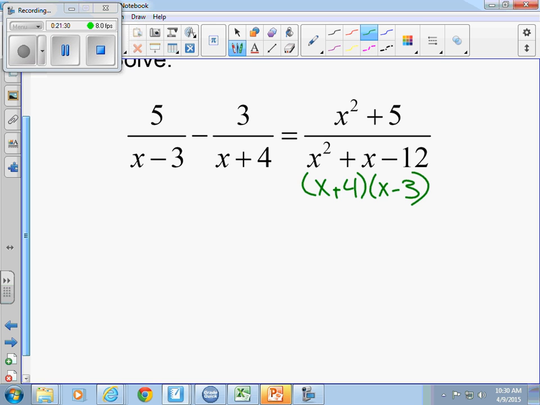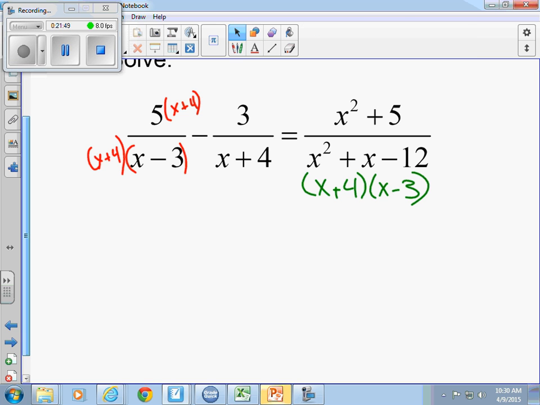Everyone agree? And so Alex is right. If that truly does factor into x plus 4 and x minus 3, then the very left-hand fraction needs an x plus 4. The middle fraction needs an x minus 3.